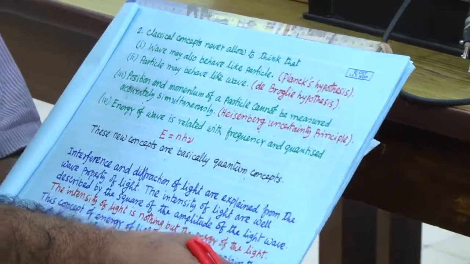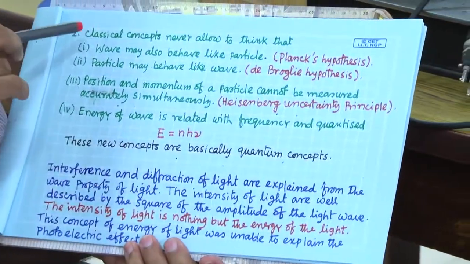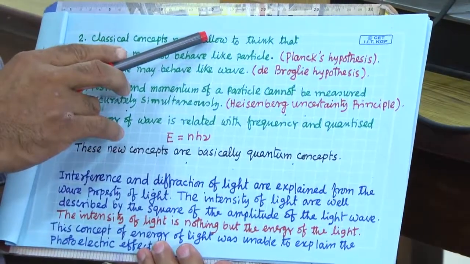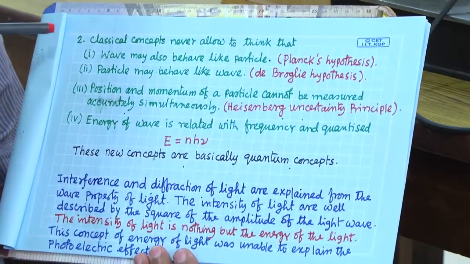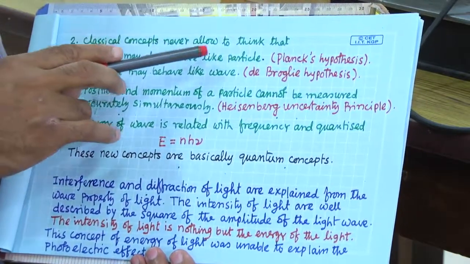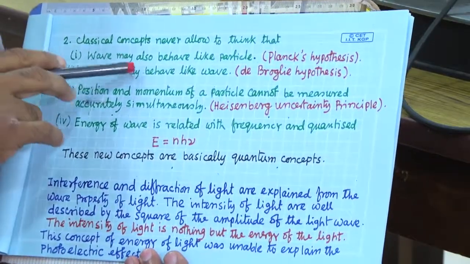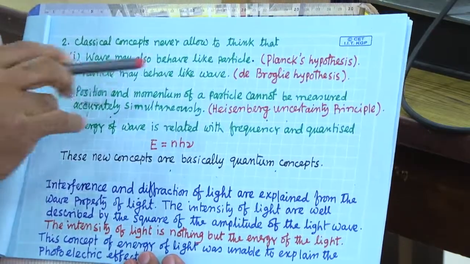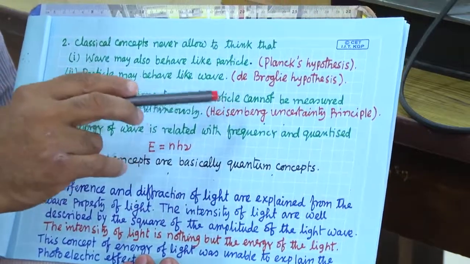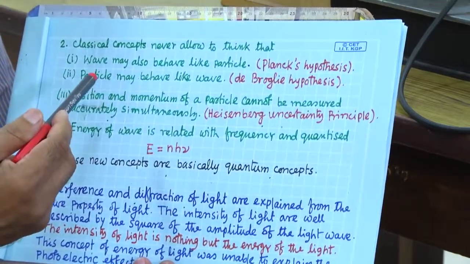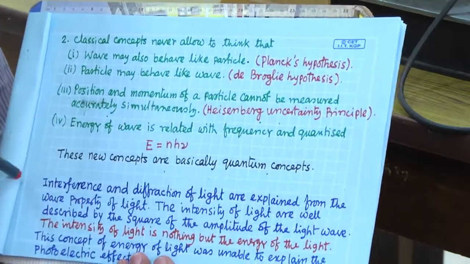At that time people were only familiar with the classical concept. The classical concept never allowed one to think that a wave may also behave like a particle. That is Planck's hypothesis. A particle may behave like a wave, that is de Broglie's hypothesis. The position and momentum of a particle cannot be measured accurately simultaneously, that is the Heisenberg uncertainty principle.